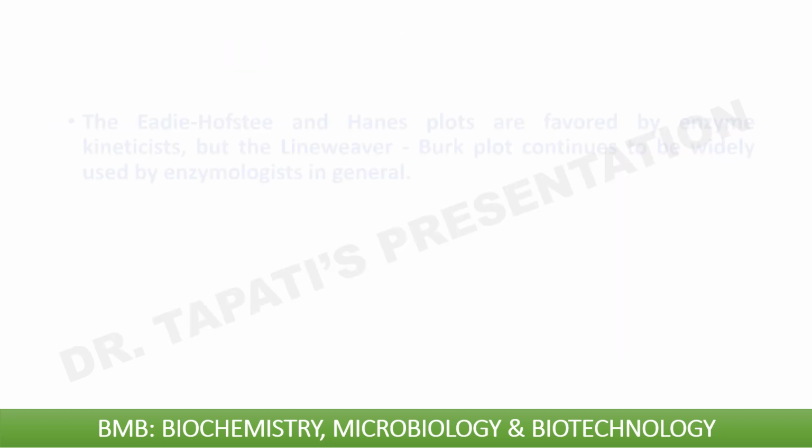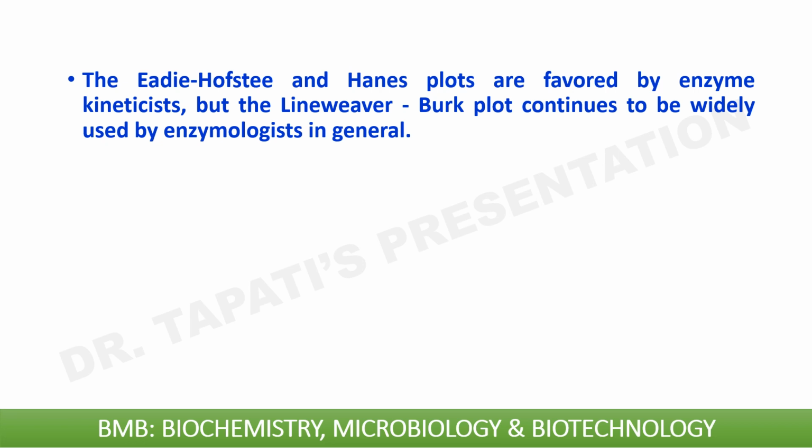Although there is a disadvantage of Lineweaver-Burk plot, it is widely used by enzymologists in general, whereas the Eadie-Hofstee and Hanes plots are favored by enzyme kineticists. And Lineweaver-Burk plot is favorite for enzymologists. In general, we calculate Km and Vmax value from Lineweaver-Burk plot.